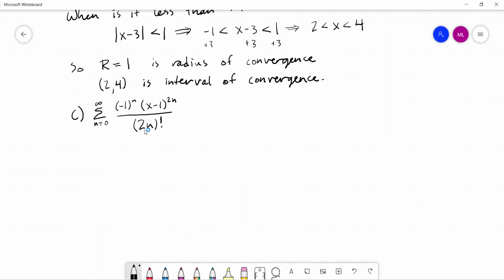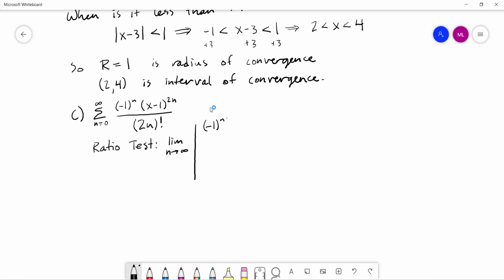I'm not going to write it out again. Let's use the ratio test. So I'm not going to write it out generically. Let's just do our specific one here. I want the limit as n goes to infinity of the absolute value of this thing with n plus 1 as my numerator, and then the same thing with just n as my denominator.